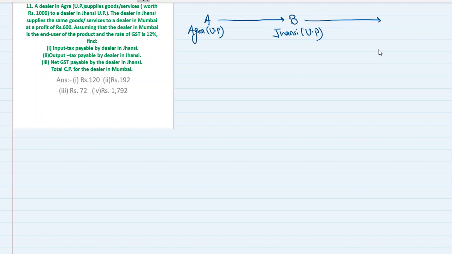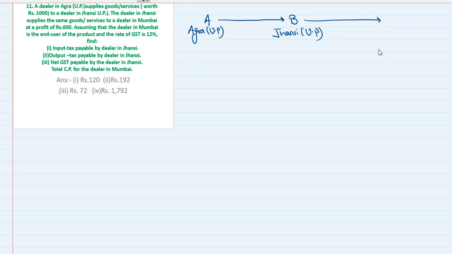See, there is no mention in this question, but we should always be prepared that if the amount of SGST, CGST or IGST has been asked, then we should be able to answer that promptly without getting confused.